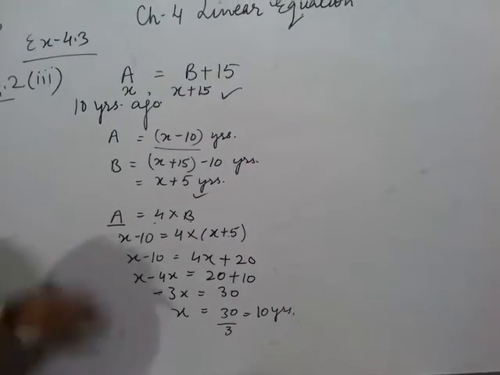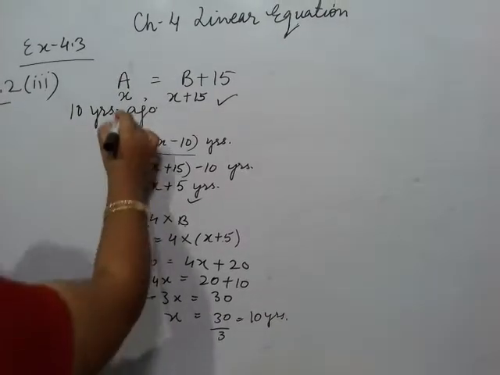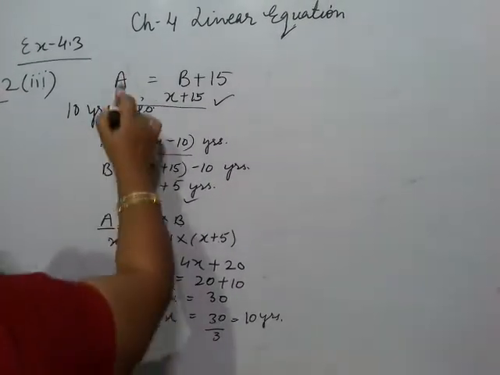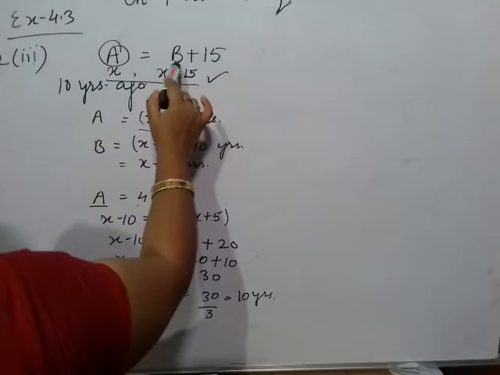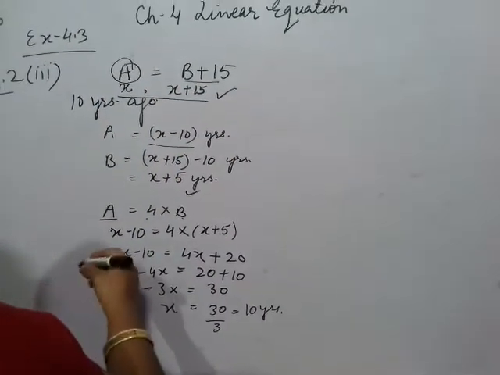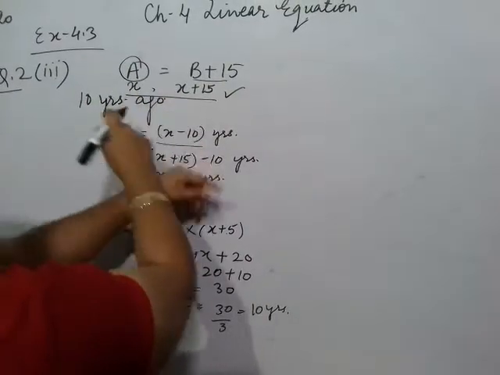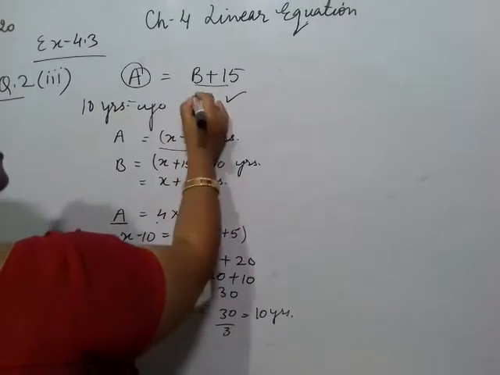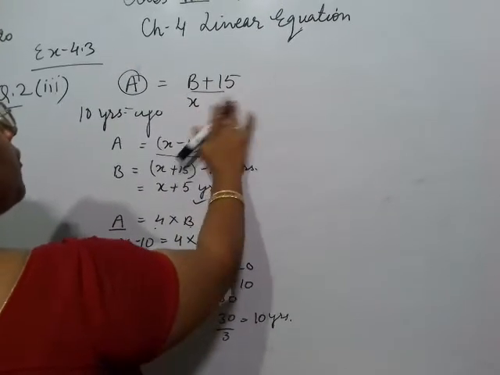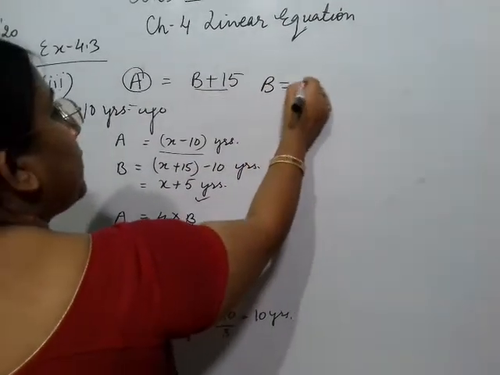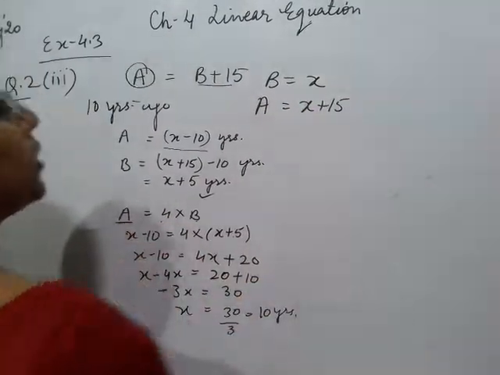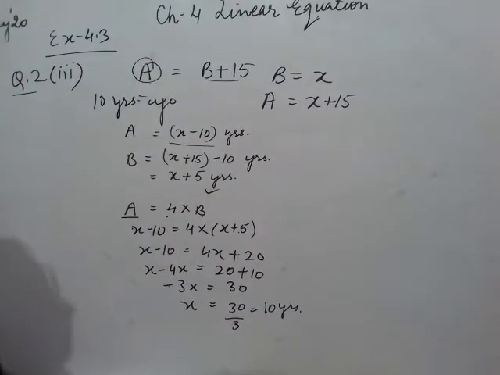So the mistake that we have done is we have assumed the improper age. It was given that the age of A is B plus 15, so we have to invert these. The present age of B will be X and A will be X plus 15. This was the mistake that we have made.